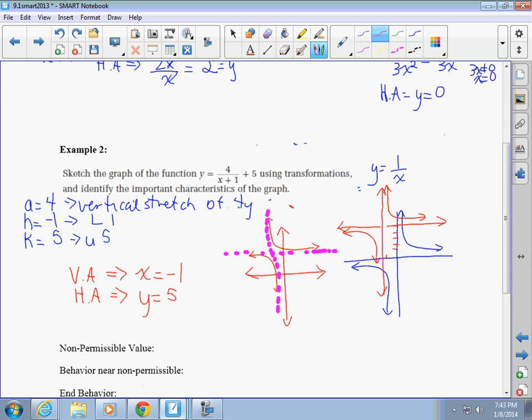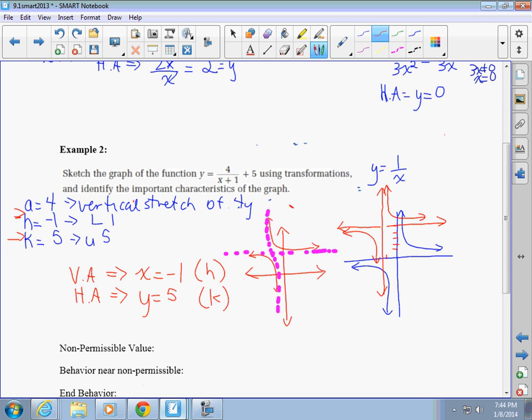So if I take a look at this, my vertical asymptote and my horizontal asymptote, those values coincide with my h value and my k value. So the vertical asymptote is actually the same as x is equal to h, and my horizontal asymptote is the same as y is equal to your k value.